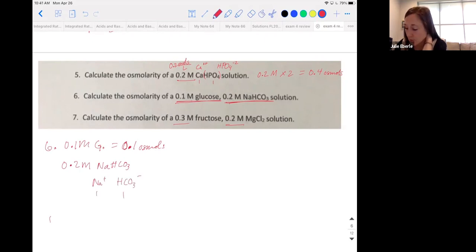So total 2. So okay, times 2. Now I add up 0.1 plus 0.4. Total, I get 0.5 in that whole solution. I've got glucose, and I've got sodium particles, and I've got bicarbonate particles all floating around.